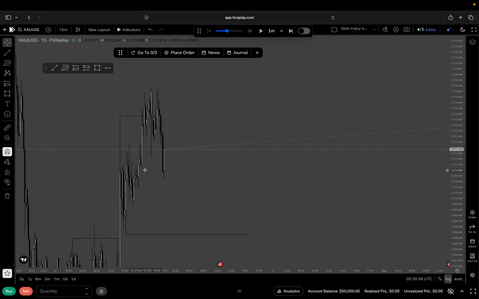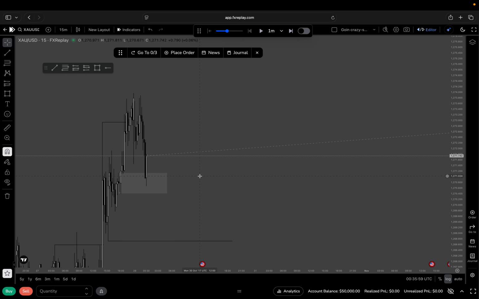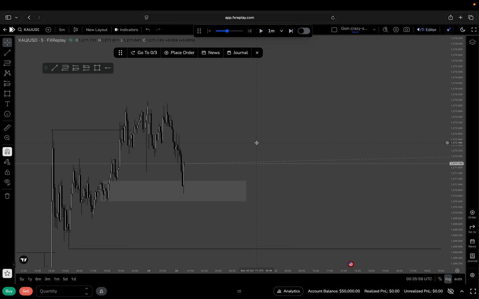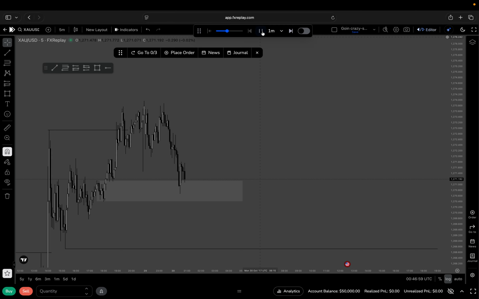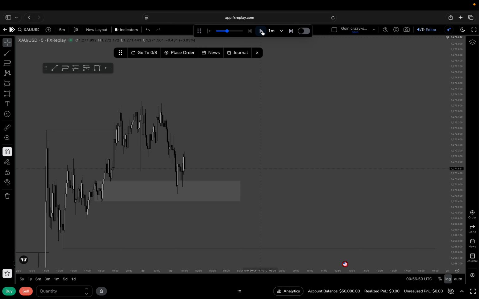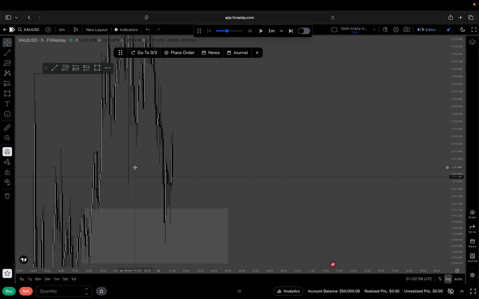That doesn't matter because we closed below these lows. Okay, tapped into this POI now. So ideally, we are looking for a 5-minute manipulation. So we need a 5-minute sweep. Okay, red internal, but no sweep. So let's see if we get that.